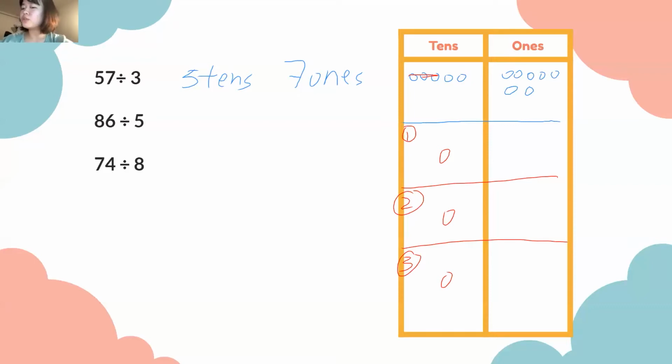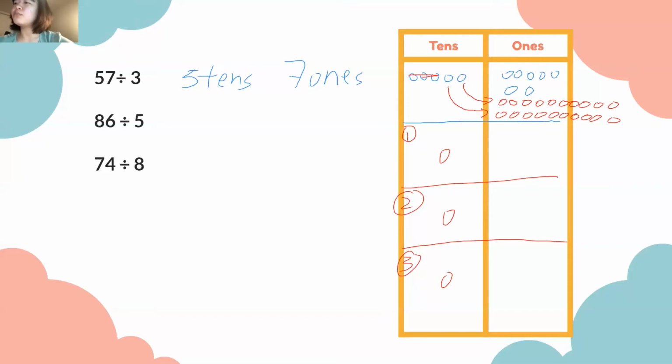Okay, and how do we divide the remainder 2 tens? We can unbundle the 2 tens as 20 ones. So how many ones do we have altogether? Let's draw 20 right here. 1, 2, 3, 4, 5, 6, 7, 8, 9, 10. 1, 2, 3, 4, 5, 6, 7, 8, 9, 10.